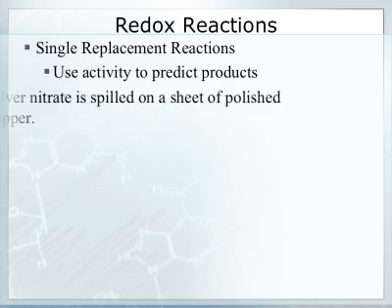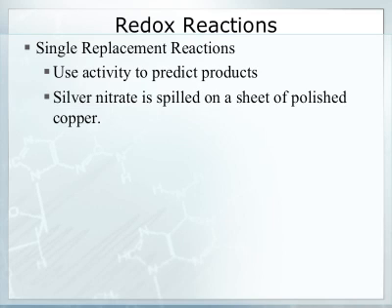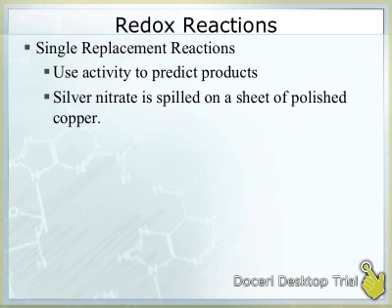So let's do silver nitrate is spilled on a sheet of polished copper. First of all, we're going to try to convert this into a chemical formula. Silver nitrate. Silver is a transition metal, but it always has a charge of +1. Nitrate is -1.